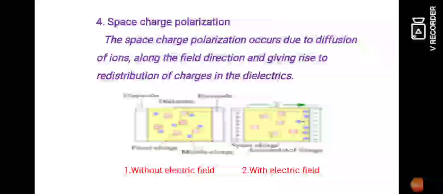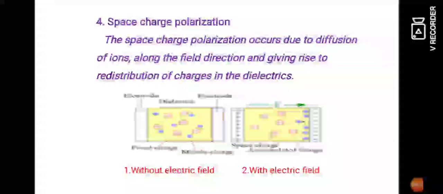Now let us see the fourth one. It is the last type of polarization, that is space charge polarization. Now let us see what is space charge polarization. The space charge polarization occurs due to diffusion of ions along the field direction, giving rise to redistribution of charges in the dielectrics.